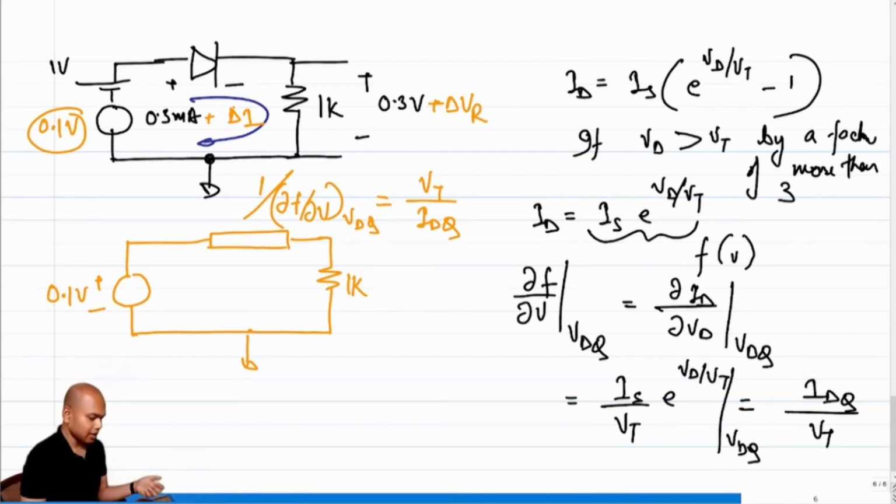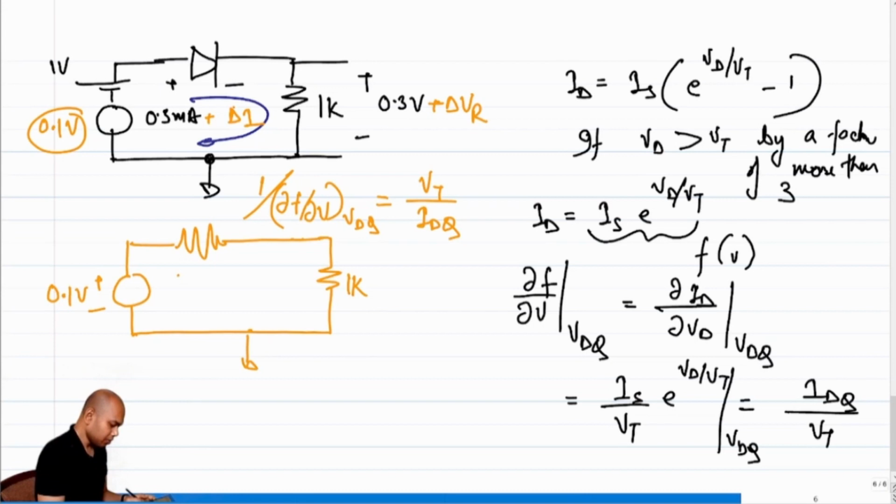Del I del V is conductance, 1 over del I del V is the resistance. So essentially the diode, a forward bias diode, gets replaced with a resistance, right? With a small signal resistance, let's call it RD, whose value is equal to VT over IDQ, correct?